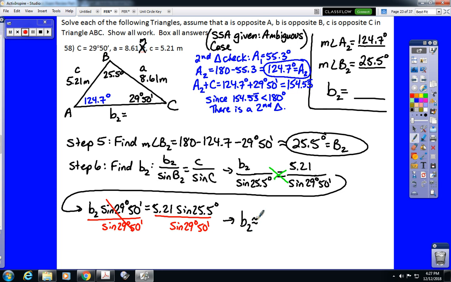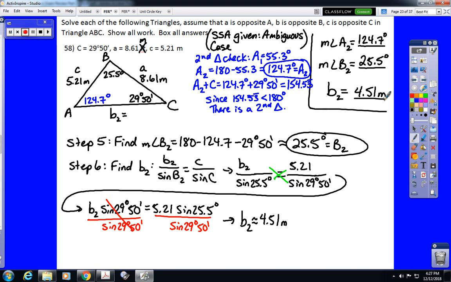Again, we're going to round that off once we put it in a calculator. So 5.21 times the sine of 25.5 divided by the sine of 29 degrees 50 minutes, which would be 4.51 meters.